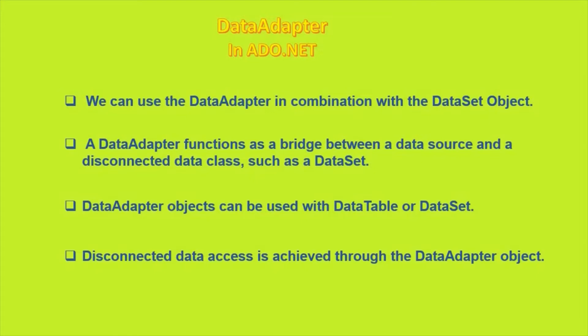Similarly, in CRUD operations in ASP.NET with connected architecture video, we saw that for insert, update, delete operations, connection must be kept open. But for data adapter, it is not necessary to open and close the connection. Thus, disconnected data access is achieved with data adapter.